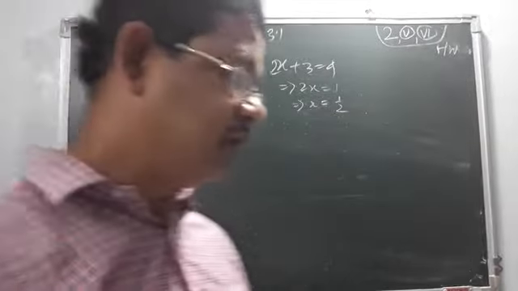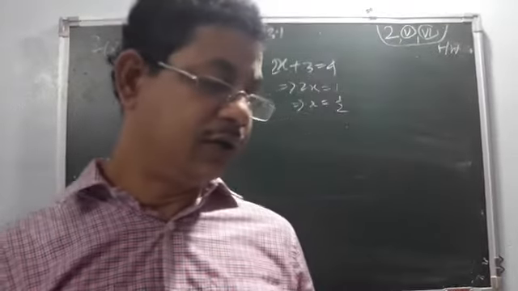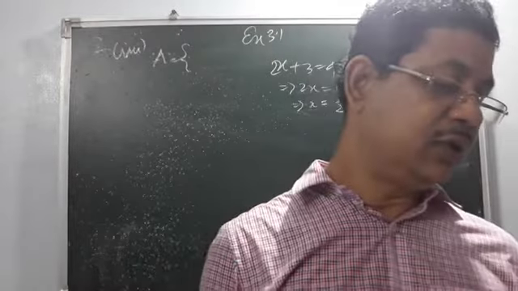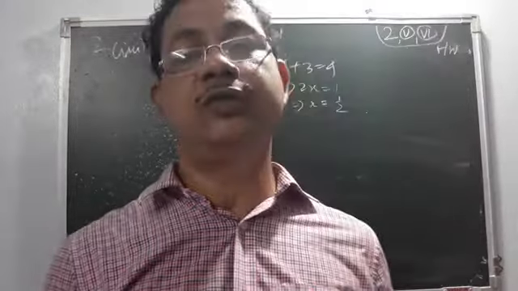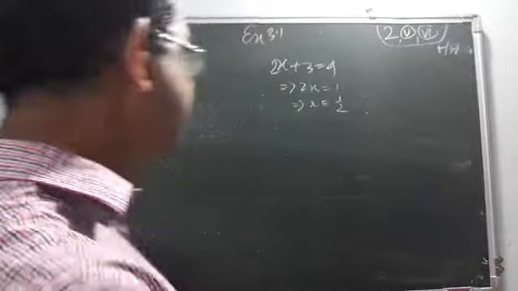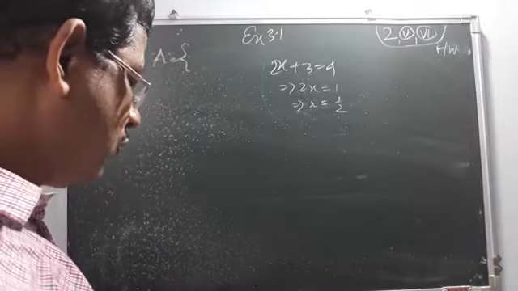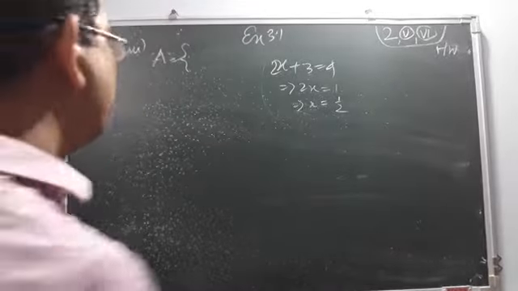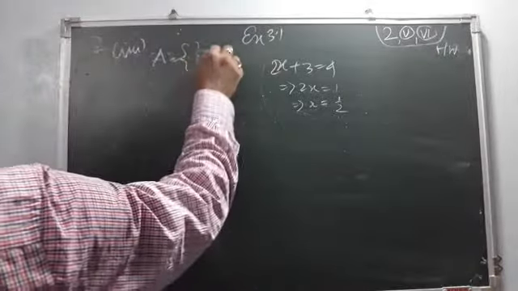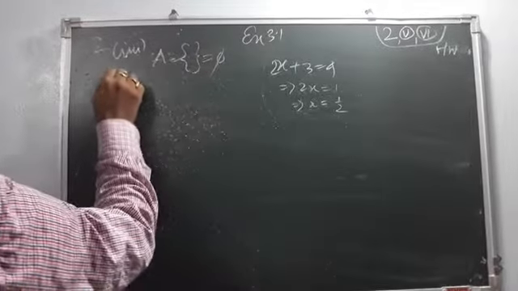So x is an integer and twice x plus 3 is equal to 4. If I solve it, we get x is half. It is not any integer. So of course it is a null set. This or that you can write.